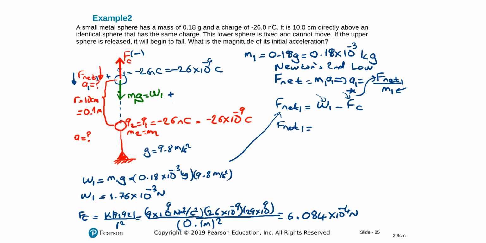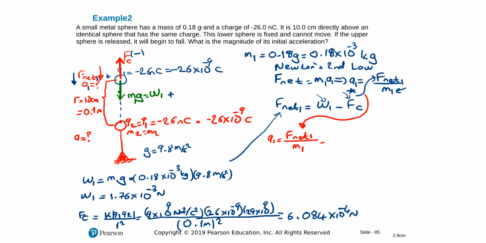Instead of keeping the weight and calculating the net force separately, I'm going to directly enter them in the equation for A. So A1 is equal to F net 1 divided by m1, right?